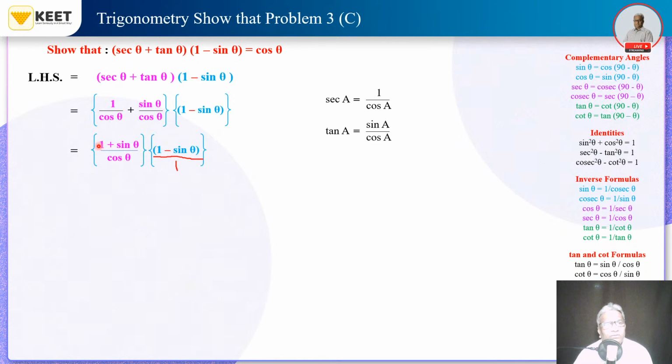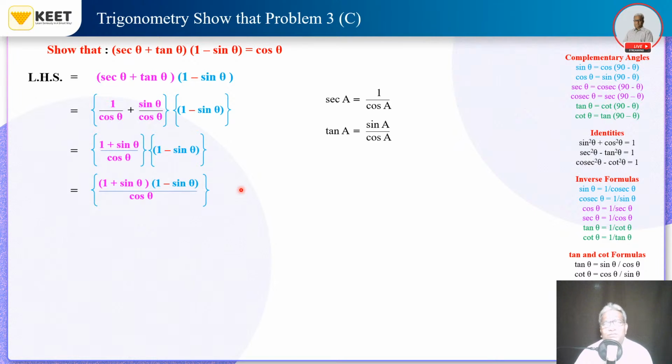Okay, so now this numerator 1 plus sine theta and 1 minus sine theta from the second bracket can be directly multiplied, whereas this cos theta will be multiplied with the 1. So now the multiplication effect will be somewhat like this: 1 plus sine theta, 1 minus sine theta divided by cos theta.